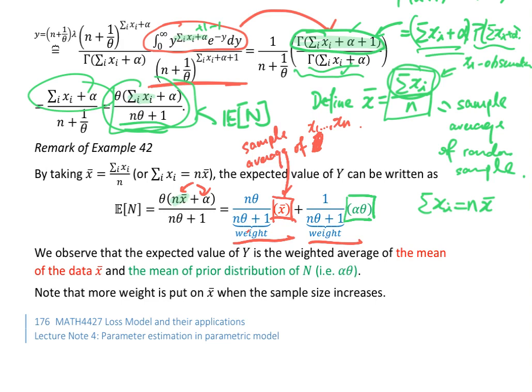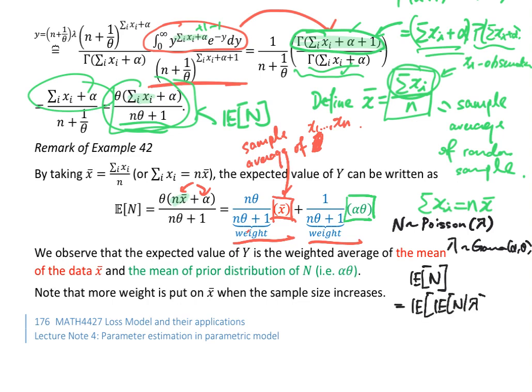So what is that? Remember, the n follows the Poisson distribution with parameter lambda, and lambda follows the gamma distribution, isn't it? And then here, let's say without any information updating, this expected value of n is just equal to what? The double expectation formula, and then that one equals lambda, and lambda has gamma distribution, right?